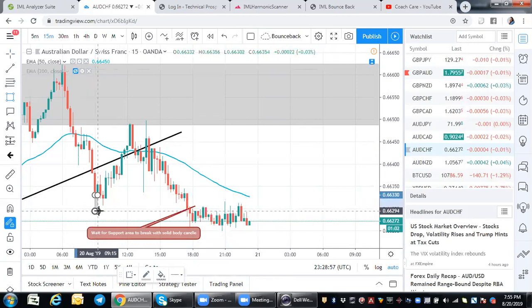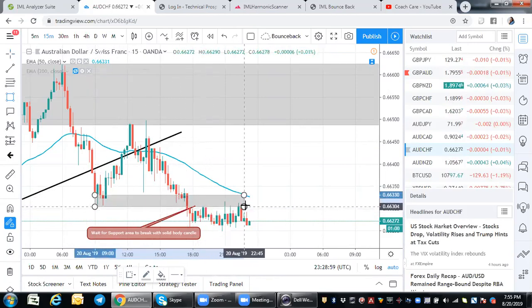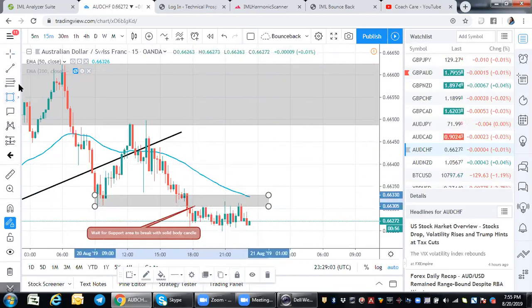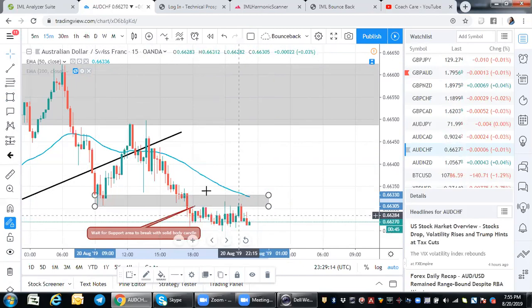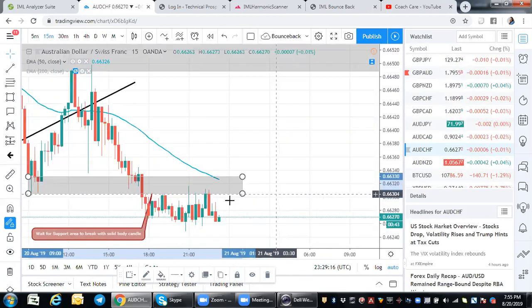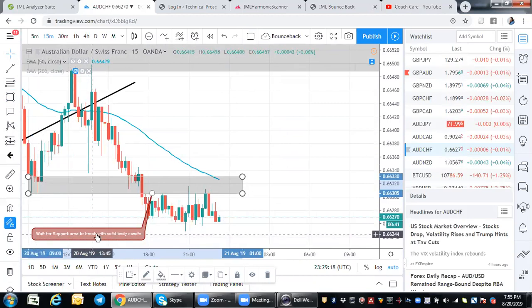So again, all you need to do is identify zones where you see the market is rejecting. Once you identify it, stretch it to the right hand side, and you will notice that when the market breaks, it comes back and respects your zone. That's why it's key to identify it, so you won't get tricked out of the trade. And I had here, wait for a support area to break with a solid body candle before we sell.